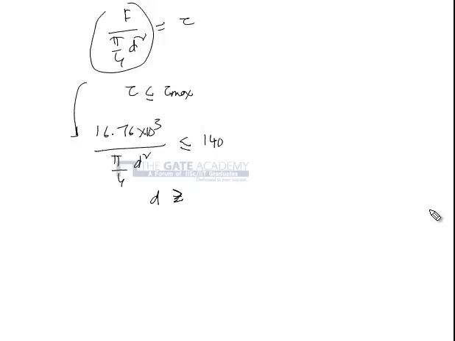So d has to be greater than or equal to 12.34 mm. Let's use the smallest diameter so that it saves weight and material. 12.34 mm is approximately 12.5, so the answer is D. Thank you.